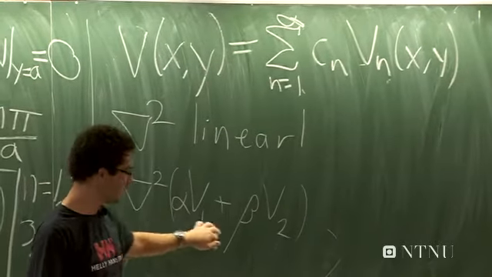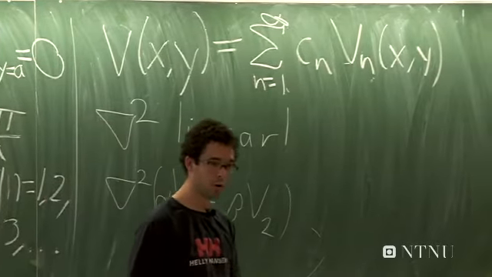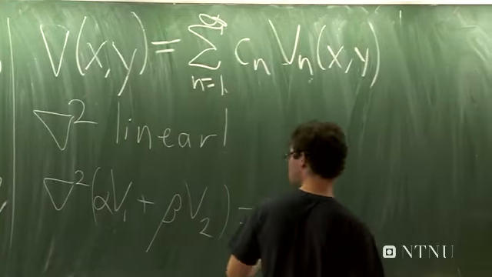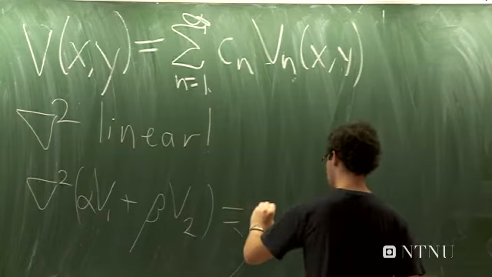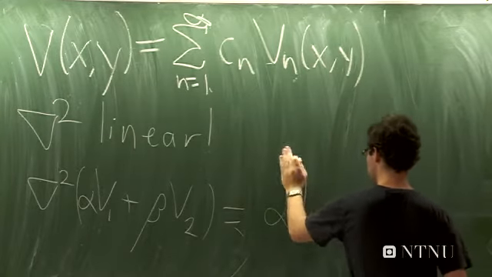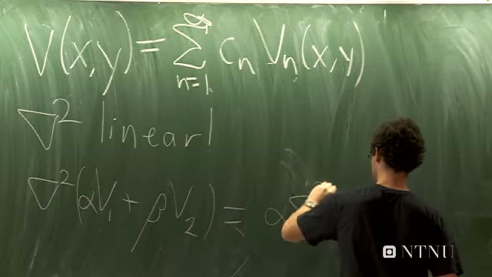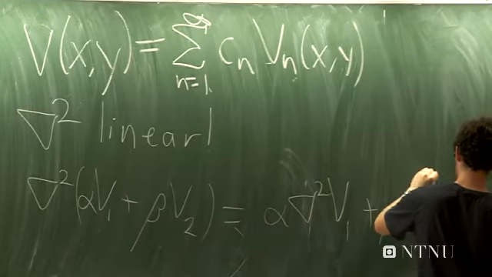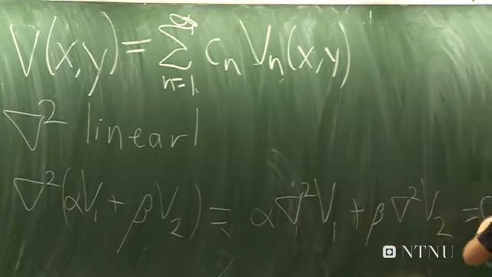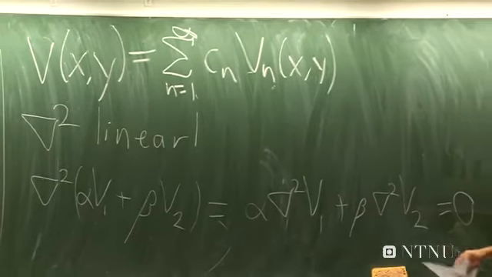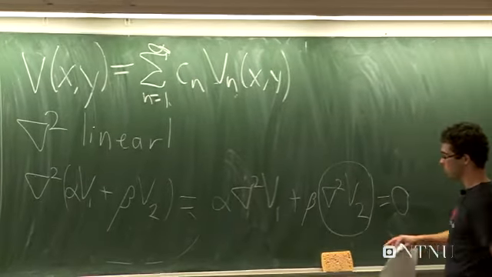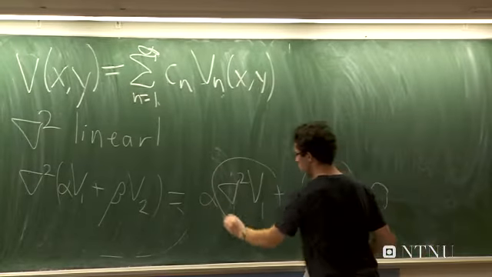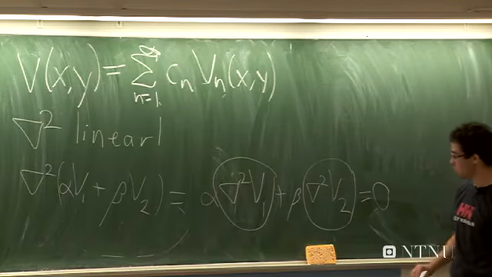this now is a linear combination of two solutions with arbitrary constants alpha and beta. And this just looks like, is equal to 0. And now I can just say that this one satisfies the Laplace equation, and this one satisfies the Laplace equation.